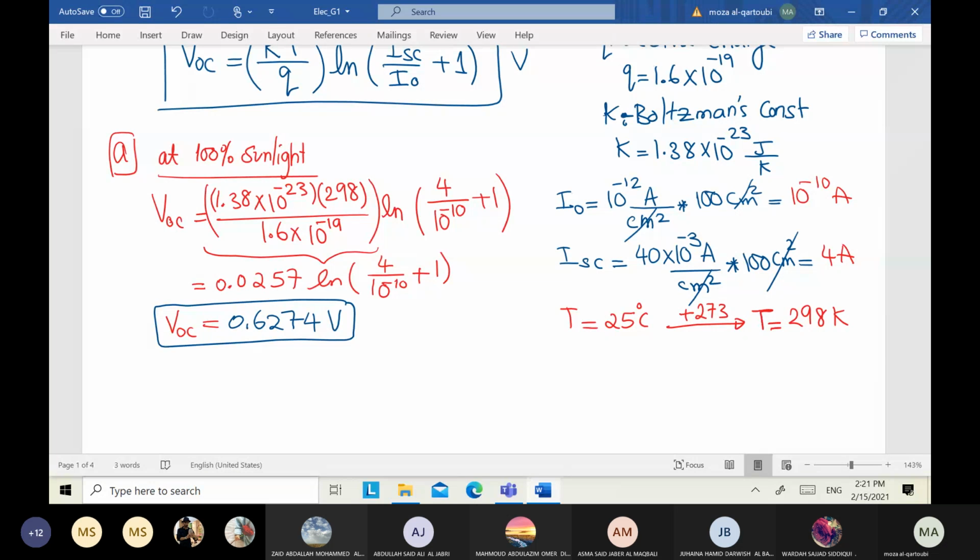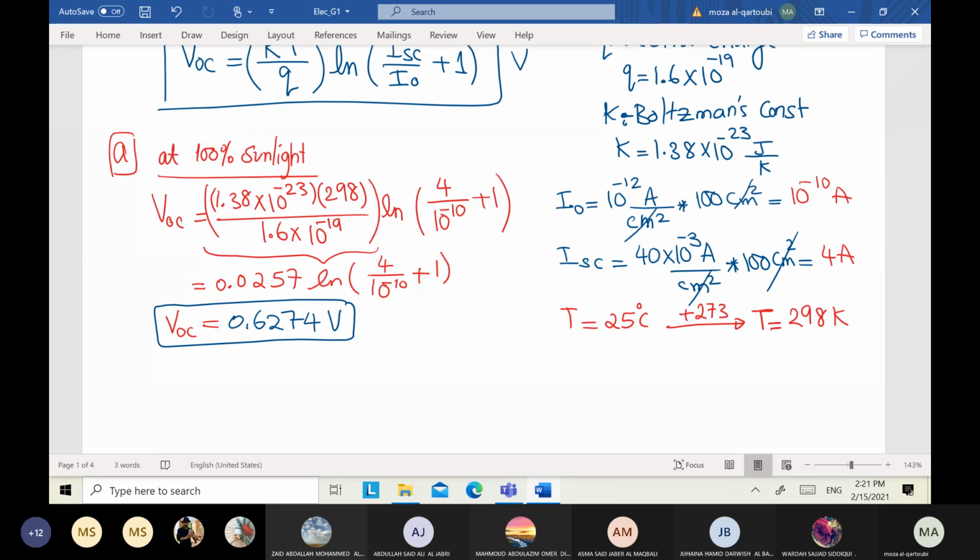Now, in the next case, we have 50%, half of sunlight. So what's the change now? The current will be half, because I short circuit is proportional to solar intensity.